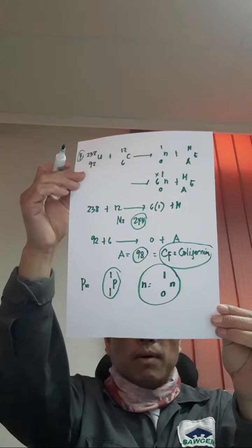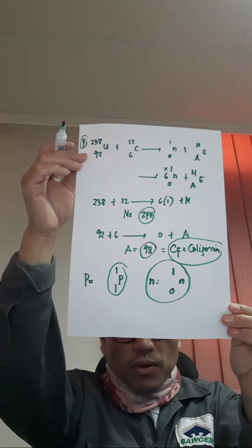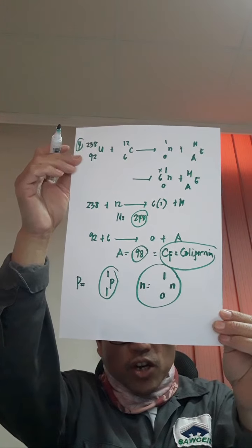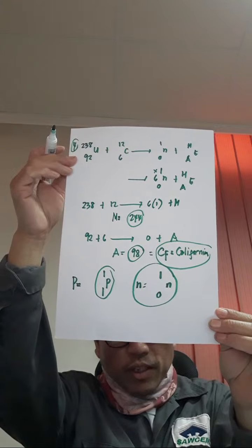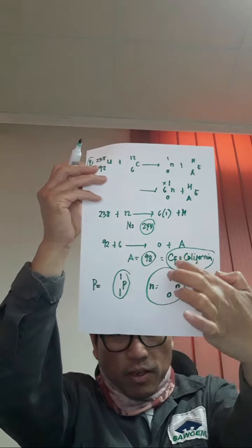So bear this in mind. The number on the bottom is the atomic number, which is also equal to the number of protons, and this is the nuclear charge, or the charge of a nucleus. Written in the upper part is this one. This is the mass number.